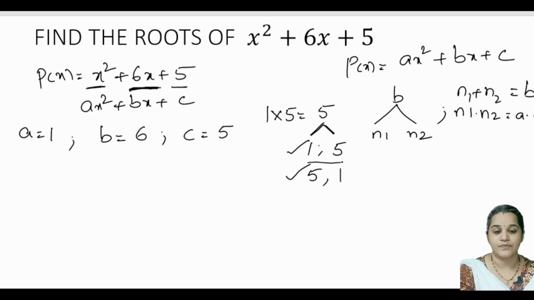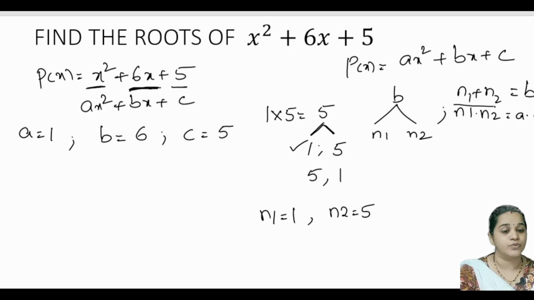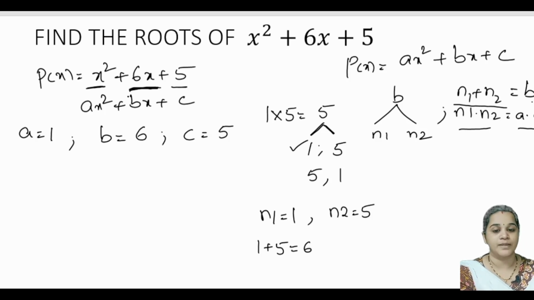Suppose I'll take this first one. Let n1 equal to 1 and n2 be 5. Now the condition is if we add those two numbers, that should be equal to b, and if we multiply them, it must be equal to the product of a and c. So let us check. n1 plus n2, 1 plus 5 equal to 6, and that is equal to b here.